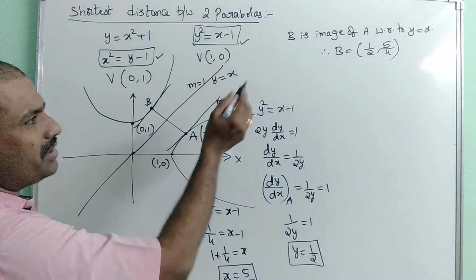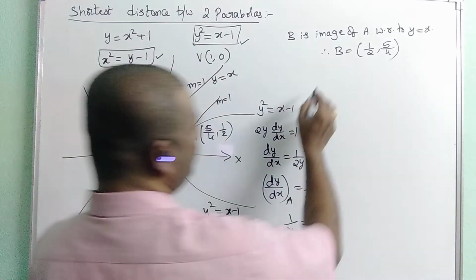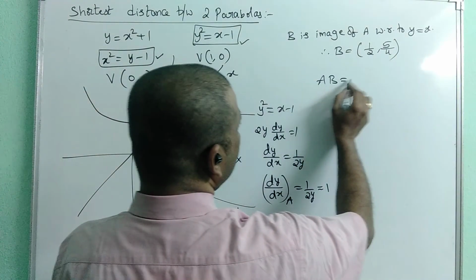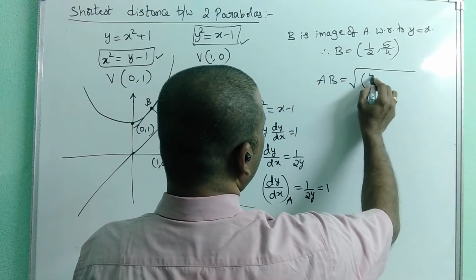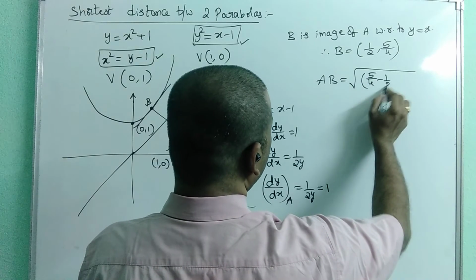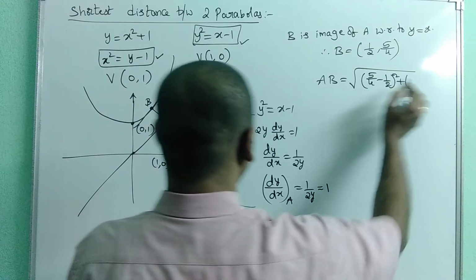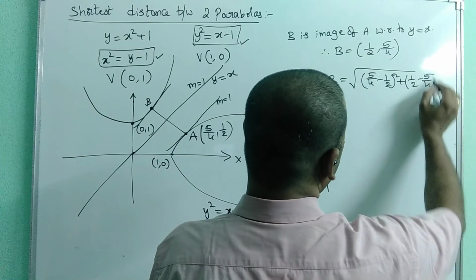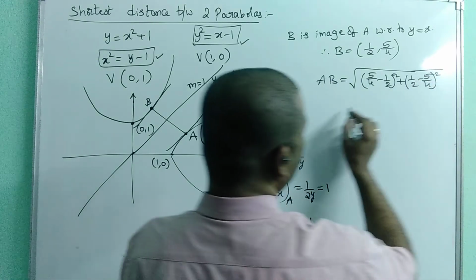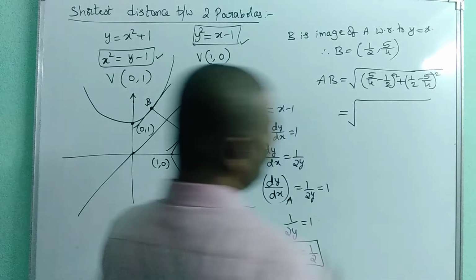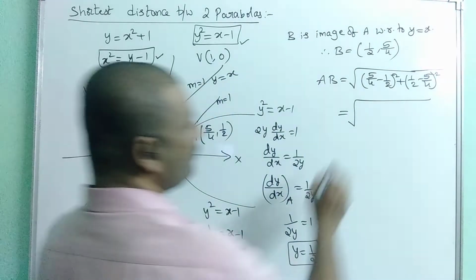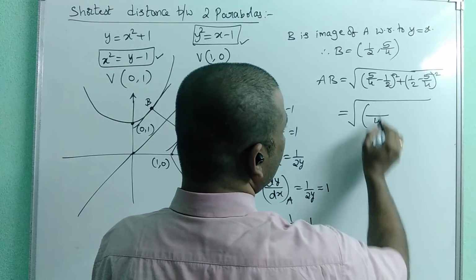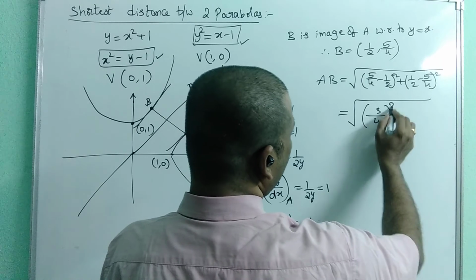Now this is the A point and this is the B point. What is the AB distance? Square root of (5 by 4 minus 1 by 2) whole square plus (1 by 2 minus 5 by 4) whole square, that equals square root of... Now take the LCM. 5 minus 2, 3 by 4 whole square.